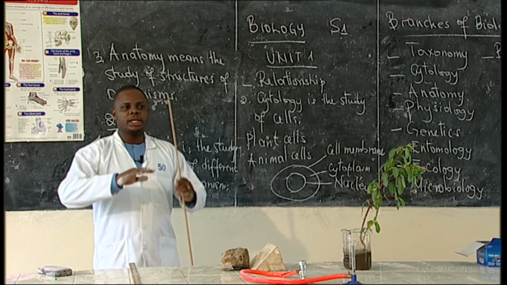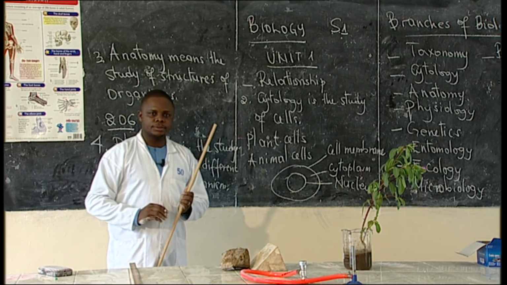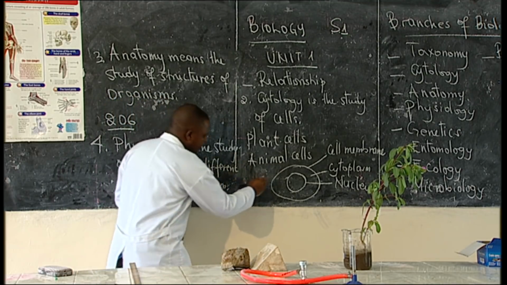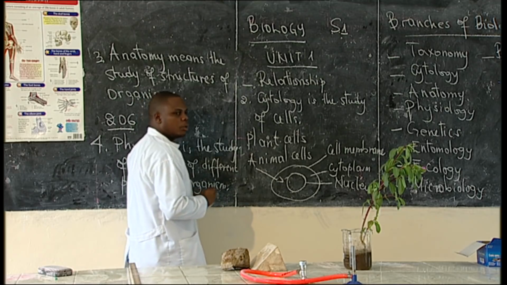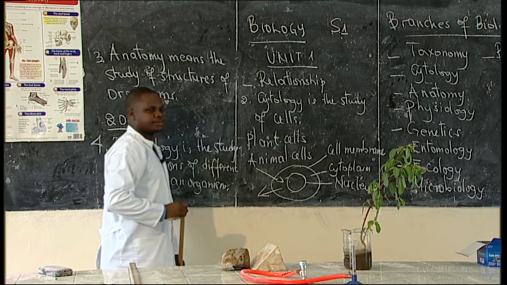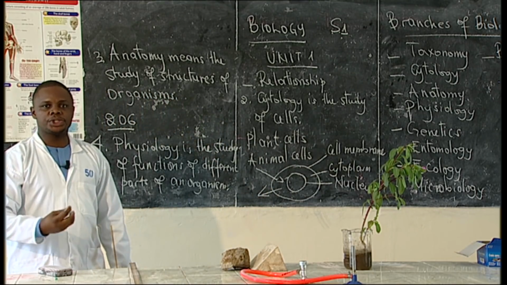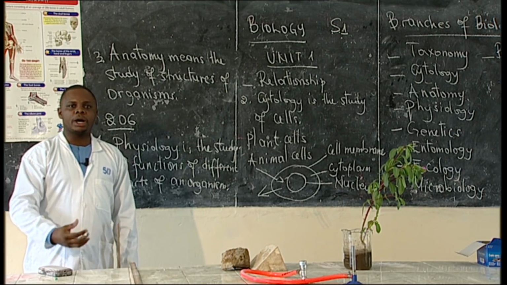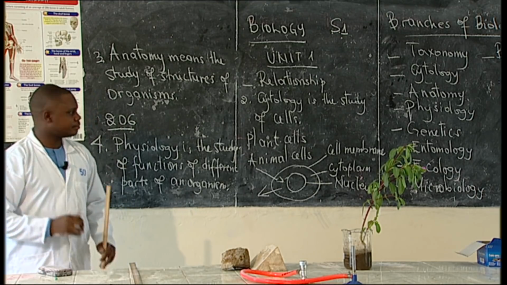Cell membrane protects the internal parts of the cell. It also allows materials to go inside the cell, those which are useful, and the ones which are not useful, they go outside. So with physiology, we talk about functions of different parts. With anatomy, we talk about structures of different organisms.